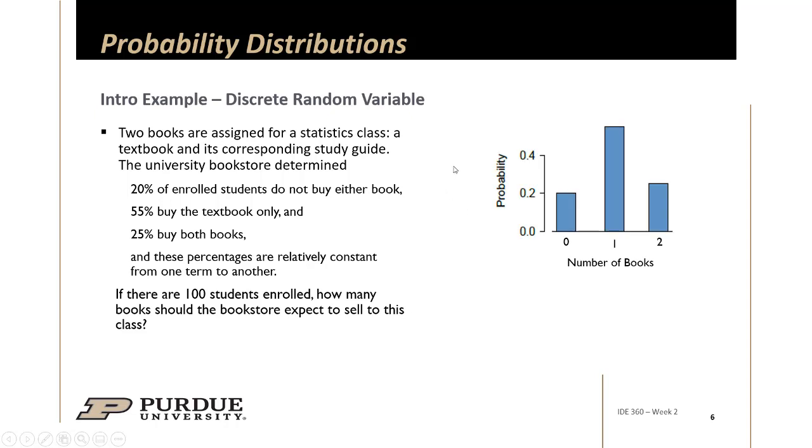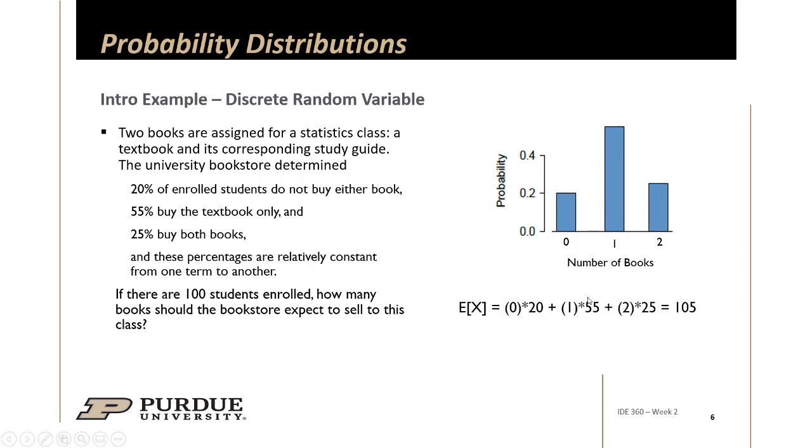The probability distribution will be represented graphically in the following way, because we have the different values of the number of books, and we have probabilities for each of them, like what probability we have for people to get each number of books.